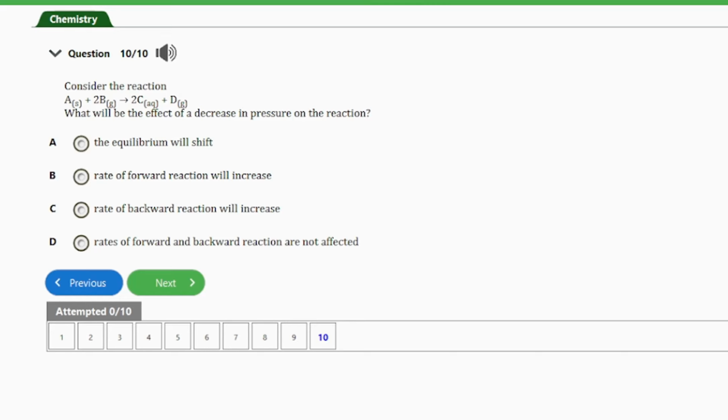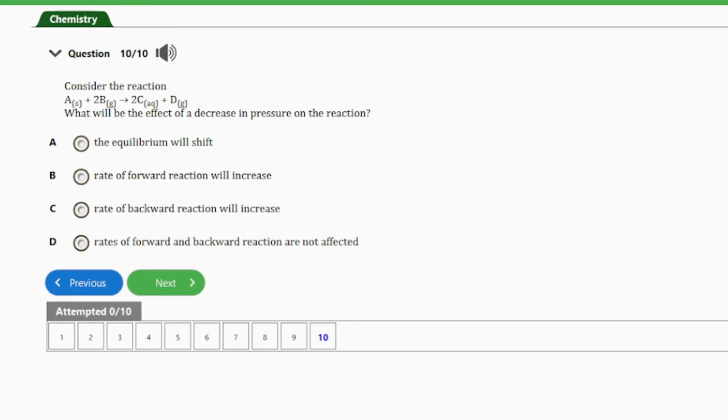A, the equilibrium will shift. B, the rates of forward reaction will increase. C, the rates of backward reaction will increase. D, the rates of forward and backward reactions are not affected. So guys, the answer to this question is option C.